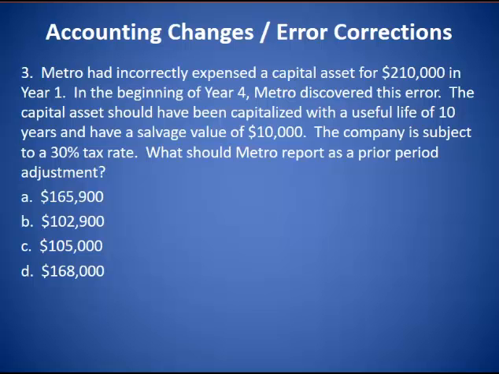The company is subject to a 30% tax rate, so what should Metro report as a prior period adjustment? Okay, this is basically a change in an accounting estimate. Well, before we do that, let's go ahead and stop the video, select your response, and when you're ready, restart the video.